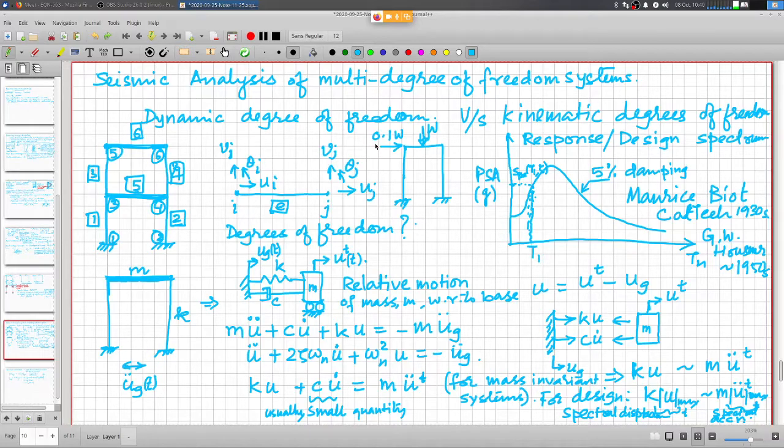The earthquake forces continue to be specified in terms of response spectrum or design spectrum in the design codes, and all our design procedures are anchored to this design spectrum concept.